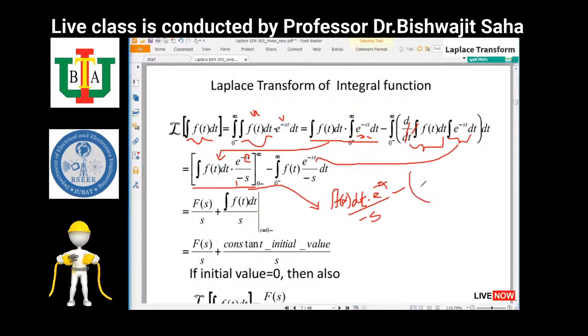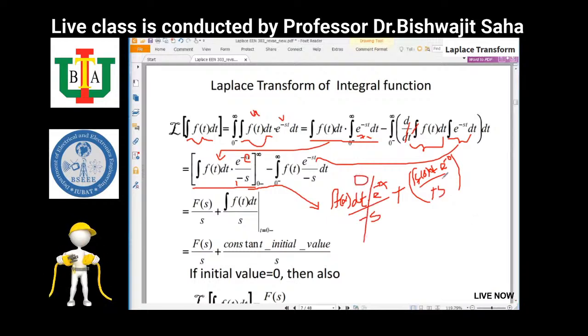Minus, minus, minus s. What is given here? Integration of f of 0 dt, e to the power minus 0 is 0. So this minus and this minus becomes plus. So this term is 0.